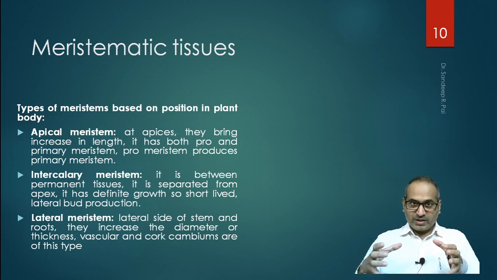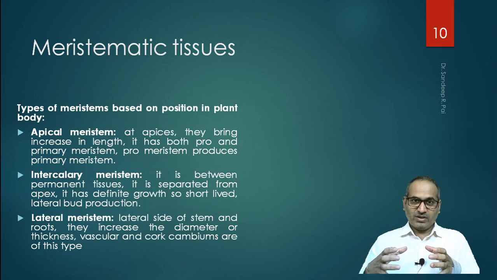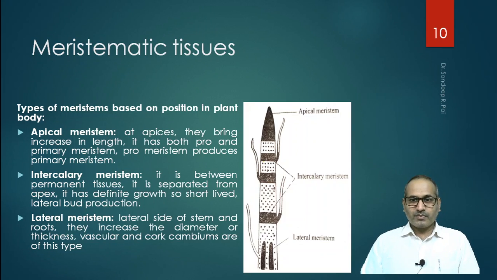So, the width or the girth of the stem or the root is because of this particular type of meristem activity. Vascular cambium and cork cambium, to be precise, are of this type.